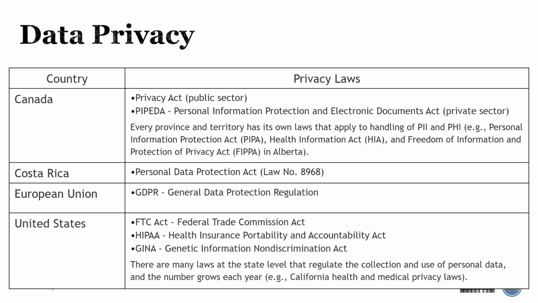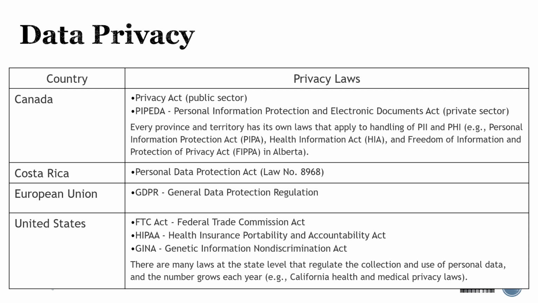So whenever dealing with privacy, we always need to consider the jurisdiction. In this case, I've given some examples. Of course, I'm situated here at University of Toronto in Ontario, Canada, and therefore in Canada, we have the Privacy Act, which is a federal legislation. There's also the PIPEDA legislation, which is the Personal Information Protection and Electronic Documents Act, and this applies to all provinces.